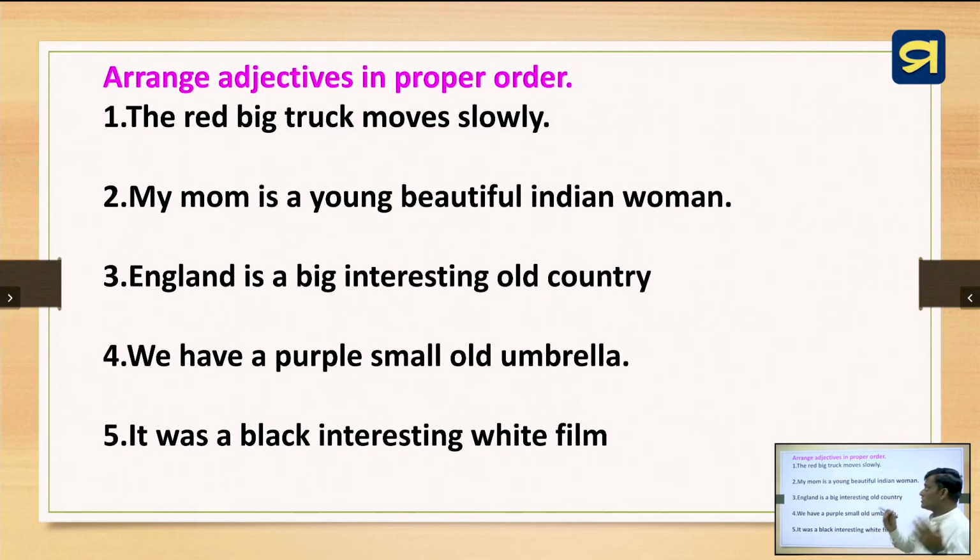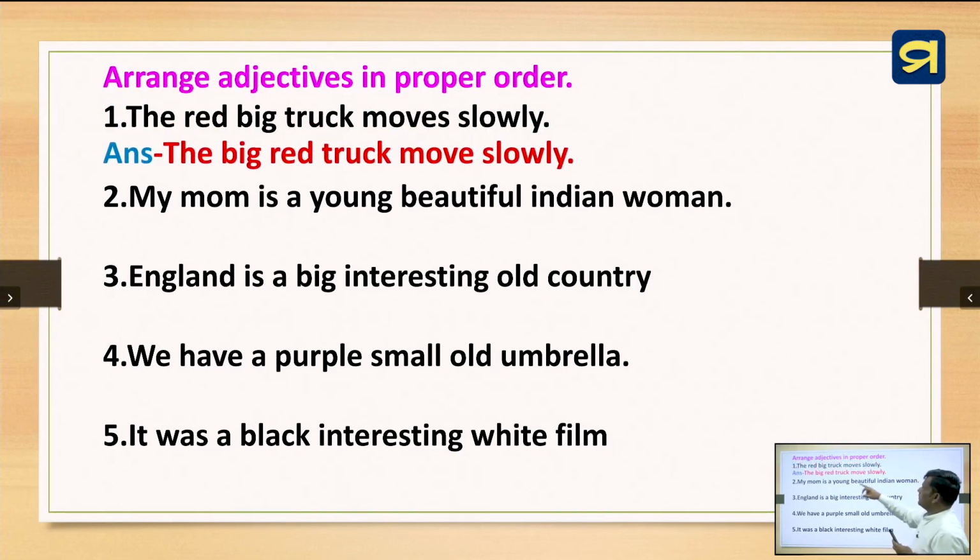Now do it yourself. Red is the color, big is the size, and size comes before the color, but here color comes before the size. It is wrong. And what is the right answer? The big red truck moves slowly. Now check your answers: the big red truck moves slowly.